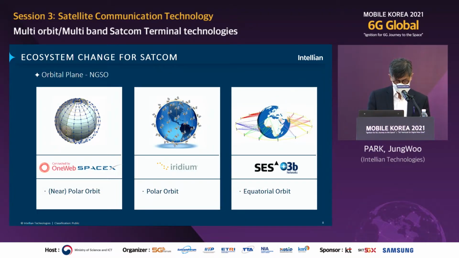And here is the LEO satellite constellation example: SpaceX, Iridium, and O3B. Iridium has provided service in the market already for the last two decades, and O3B for several years.